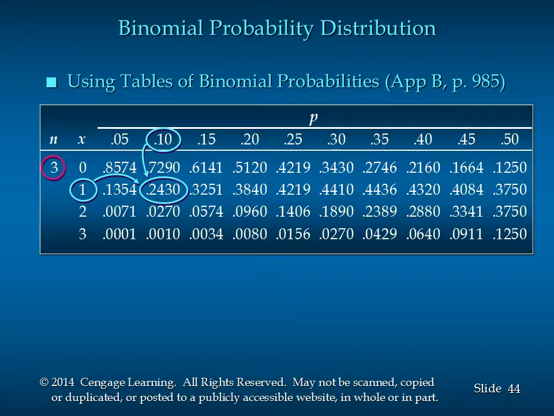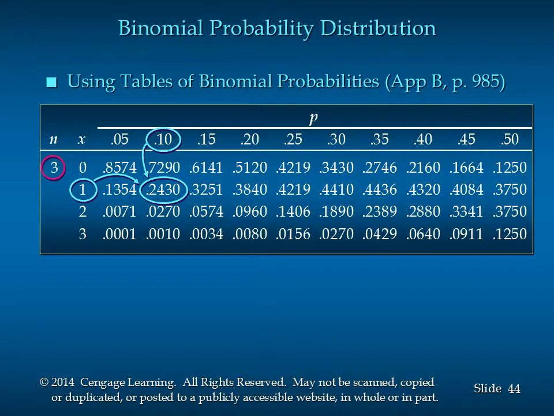And you look up n is 3 and p is 0.10. And you'll see a 0.243.